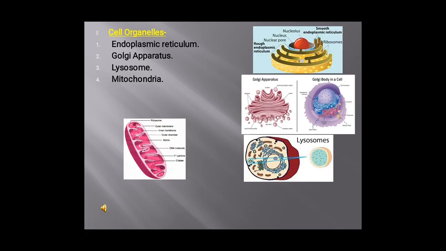Smooth endoplasmic reticulum is made of tubules and it helps in manufacture of fat molecules, steroids and lipids. Ribosomes are absent in smooth endoplasmic reticulum. Next, rough endoplasmic reticulum is made of vesicles, helps in manufacturing of protein and contains ribosomes on its surface.